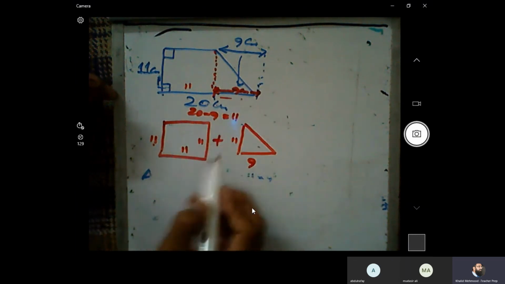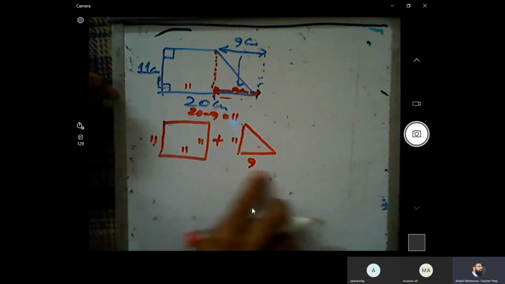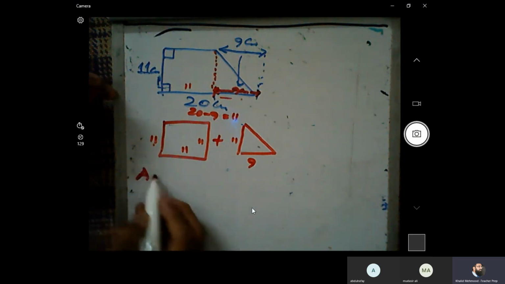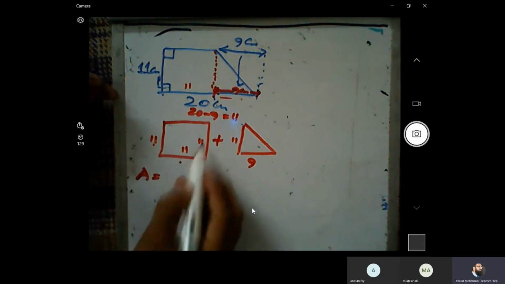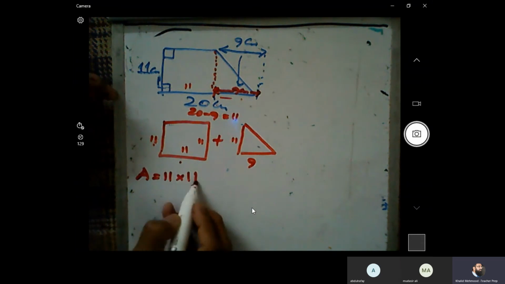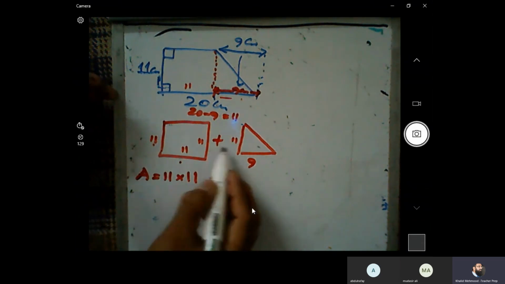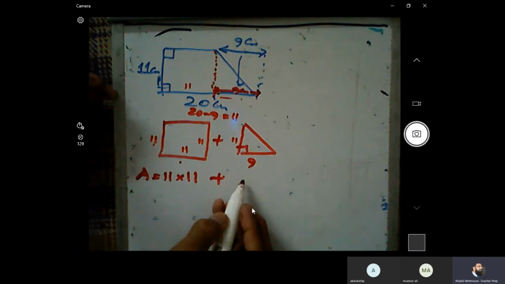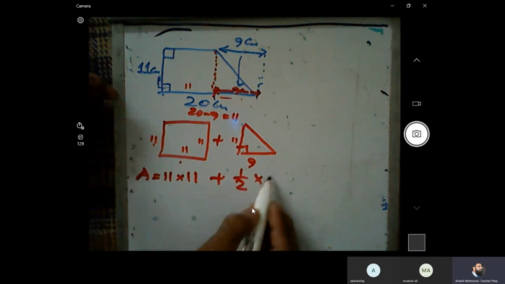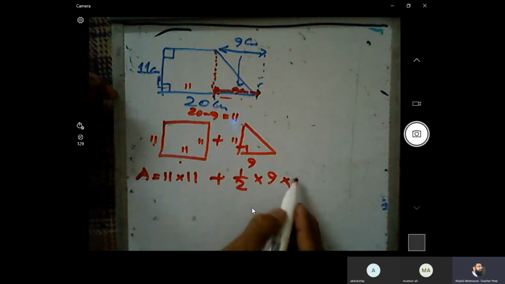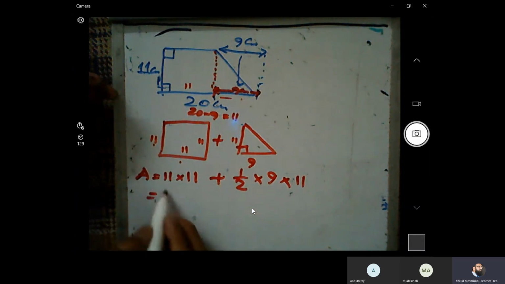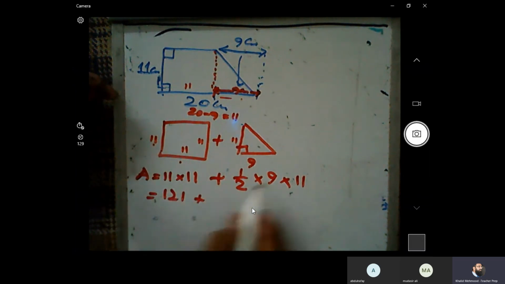So now we can add both of them. What will be the area? The area of the rectangle is easy, just multiply base into height. So 11 multiplied by 11 plus, now we will add the triangle. What is the formula of a triangle? 1 upon 2 into base into height. So now we calculate 121 plus 9 elevens are 99, because this could not be simplified, so just multiply and divide by 2.